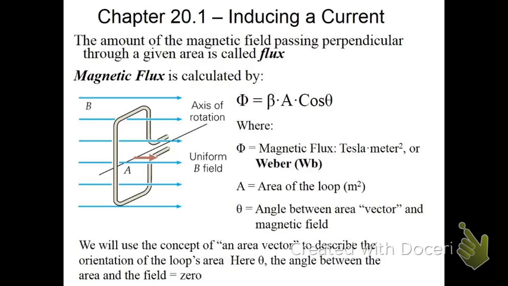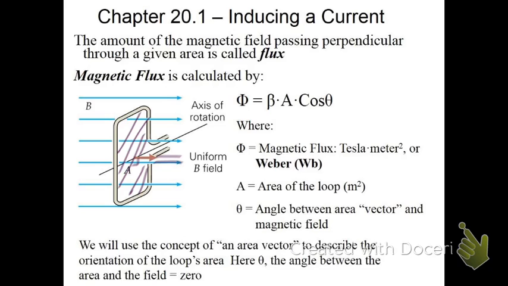Here in this particular orientation, theta is 0, meaning that the way this area is facing, and the way I define how this area is facing is by a normal to that area. This arrow right here is normal to the area of the loop, and it is also parallel to this field.